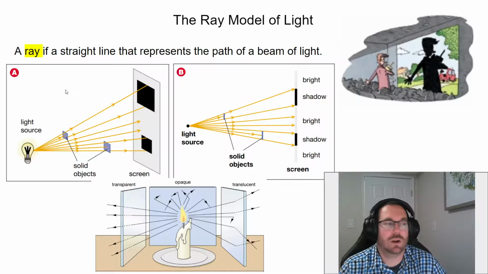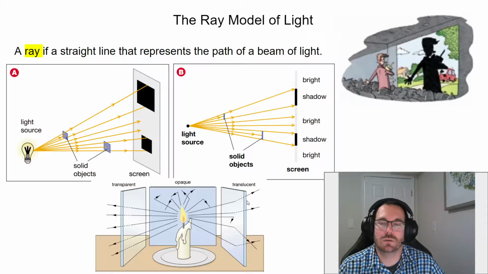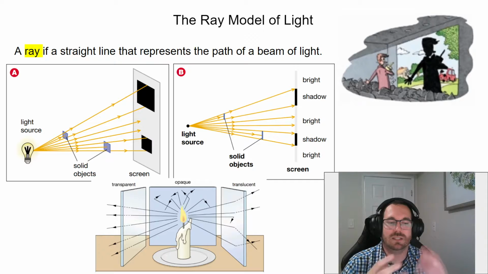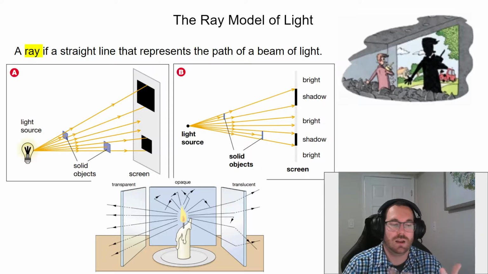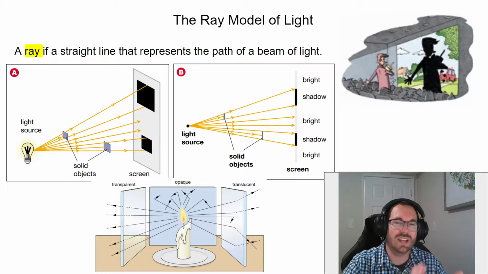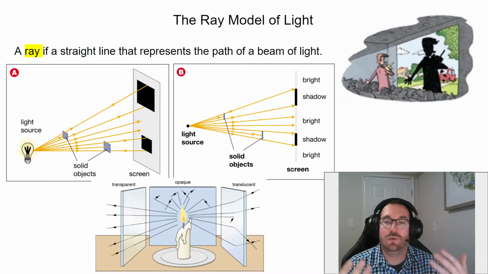Substances such as paper are therefore said to be translucent. Translucent means it can let some light through, but not all. And so you end up with this effect where you're not really able to see what's on the other side. We might have this in our house when we see things like frosted glass. Some types of glass and other plastics are said to be translucent.